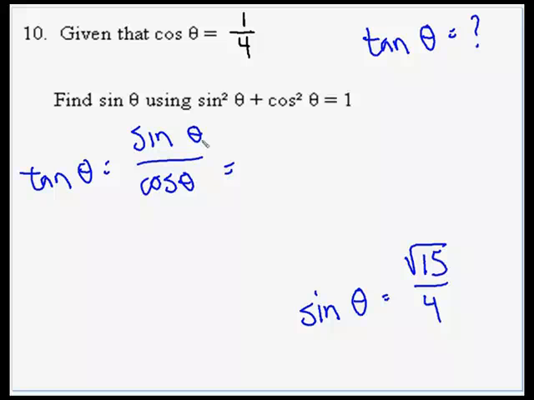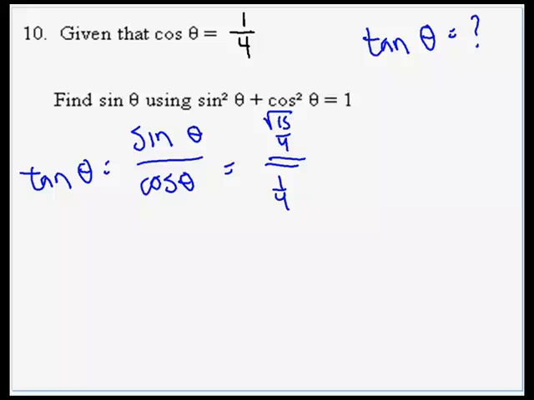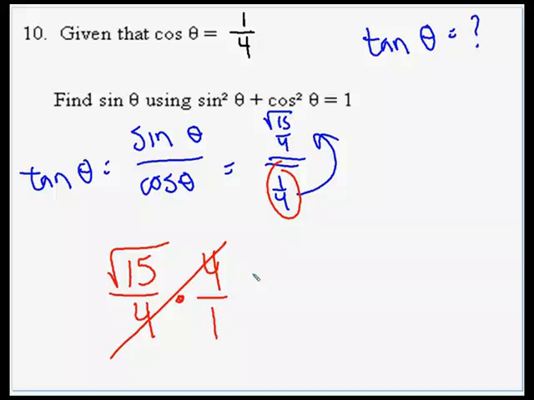So if we plug sine in the numerator, the root of 15 over 4, and we divide that by cosine, which was 1/4, we have a fraction divided by a fraction. To divide those, we invert and multiply. So our numerator will stay the square root of 15 over 4, and we're going to multiply that by 4 over 1 when we flip this. The 4's cancel, and we're left with the square root of 15. Tan of theta would be the square root of 15.